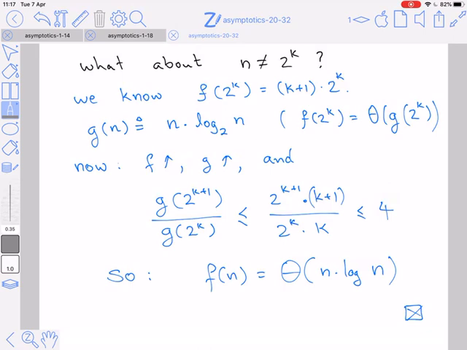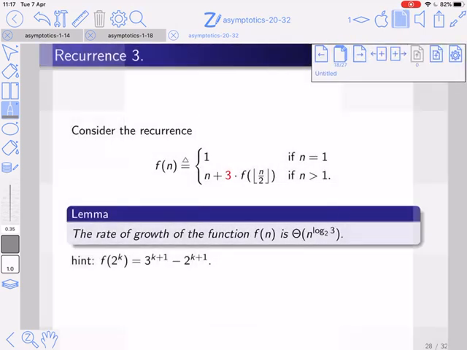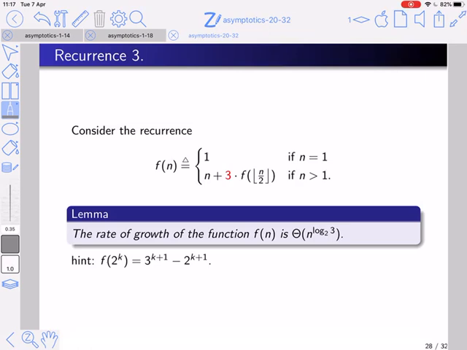Good, so we solved the second recurrence as well. Let's look at the third recurrence. What is the difference between the first, second, and third recurrence? It is this coefficient. The coefficient over here now equals 3. Okay? It is not 1, it is not 2, it is 3.